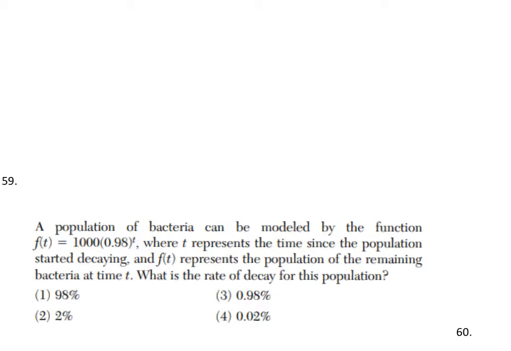Well, first of all, we have to pay attention that we have some information here. We have 0.98, right? And that represents decay. Also, they're saying since the population started decaying, and that's another sign of decay. And the question is, what is the rate?